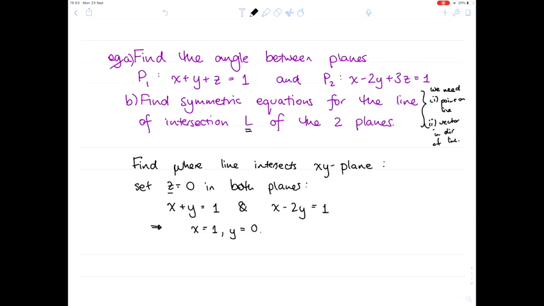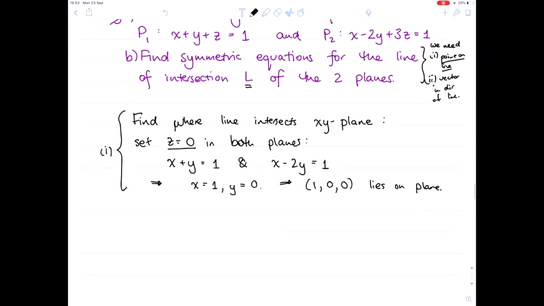We found this by setting z equal to 0, so this tells us that the point (1, 0, 0) lies on the line. Okay, so we have found the first thing that we needed, which was a point on the line.